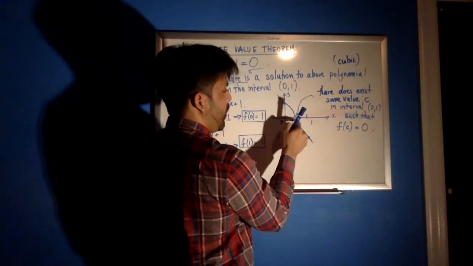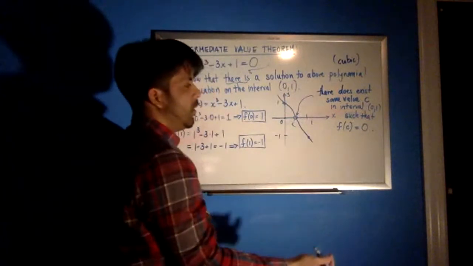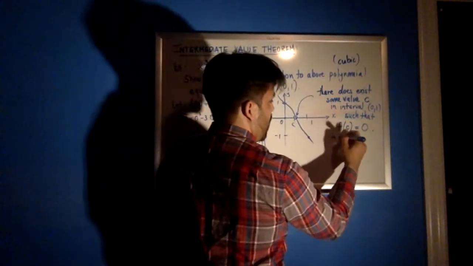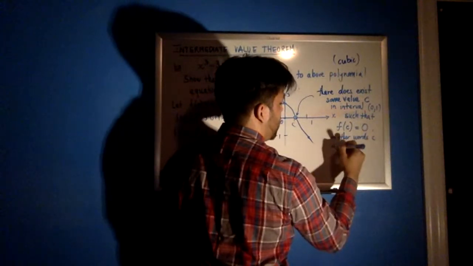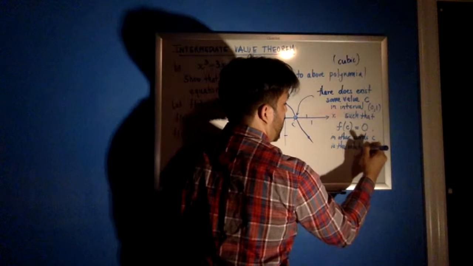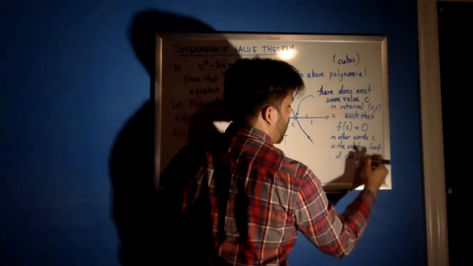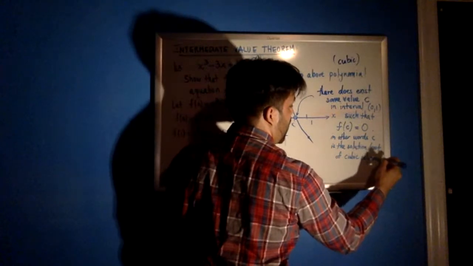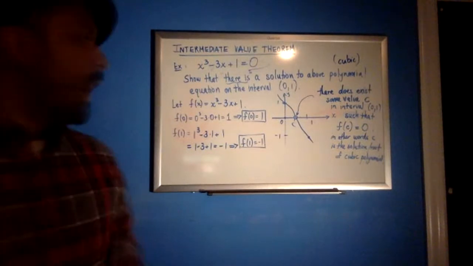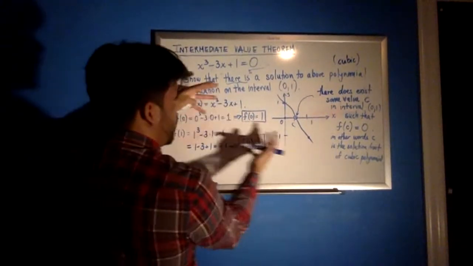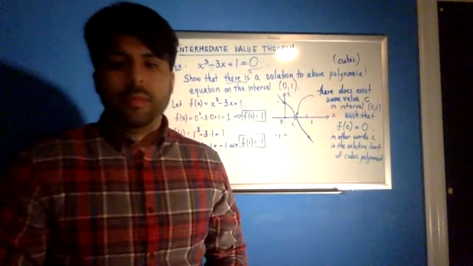It means that there's a value between 0 and 1 that is the solution. In other words, c is the solution, or I should say root, of the cubic polynomial. And so all of this put together is the intermediate value theorem.